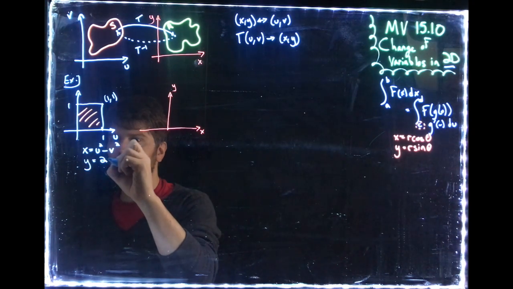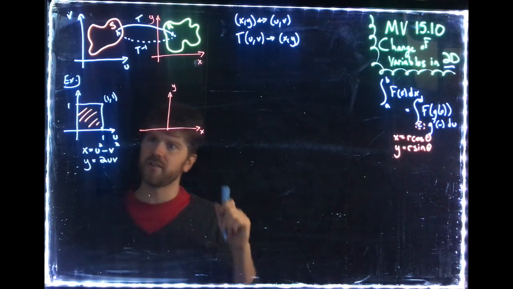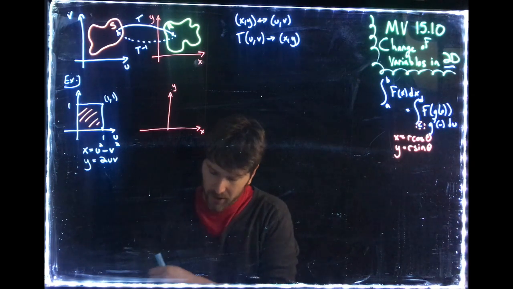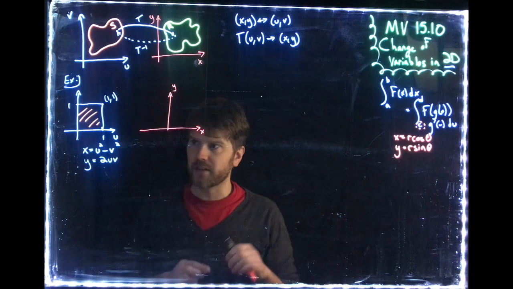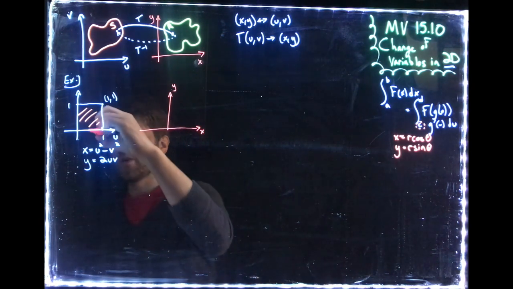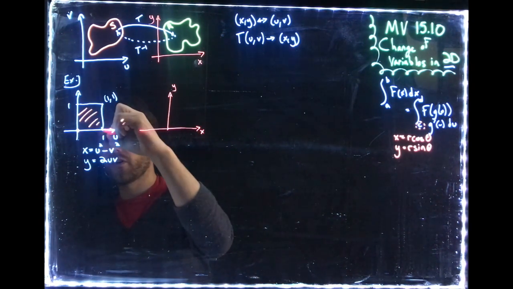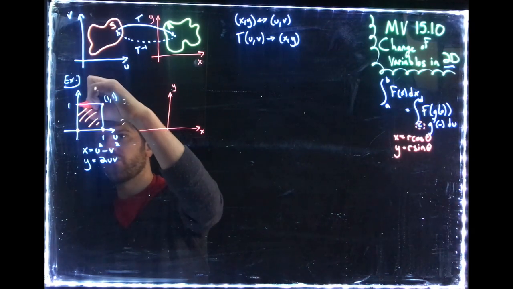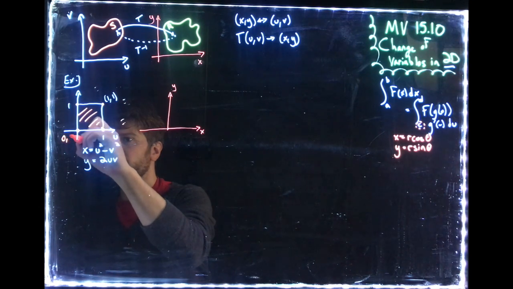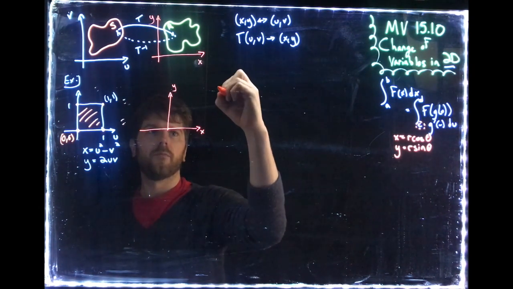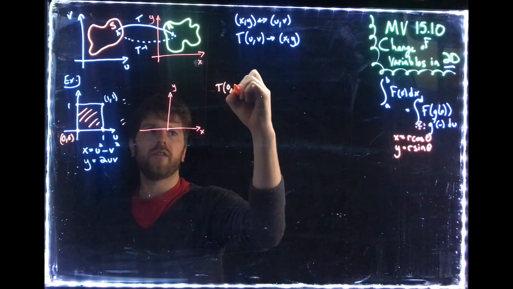Now this might seem, by the way, please make sure to draw your u's and v's very carefully. Now this might seem a little intractable, but we can start by just transforming some things. So let's start actually with some points, right? Let's start with our 4 corners of our square. So if we look here at 0, 0, which is u equals 0, v equals 0.